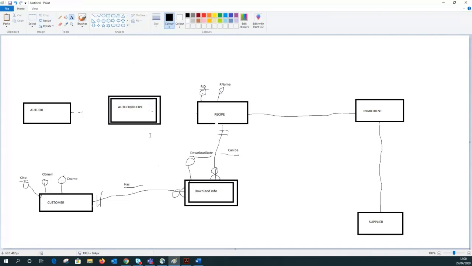So we need to link now. Once you create the weak entity, the many side is attached there. Again, the many side is attached to that side. So one to many, that is how the cardinality relationship works.